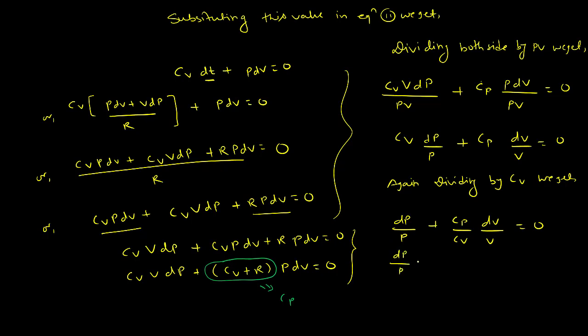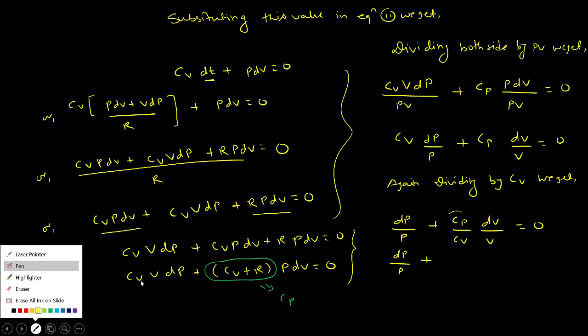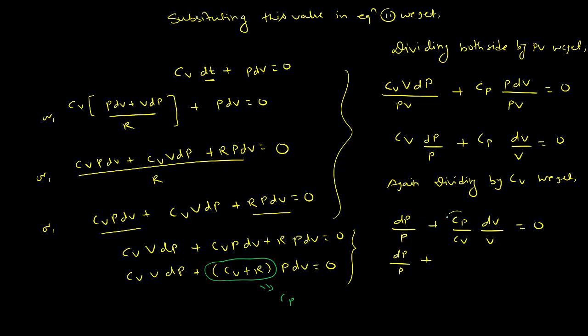This Cp upon Cv equal to gamma. So dP by P plus gamma dV by V equal to 0.